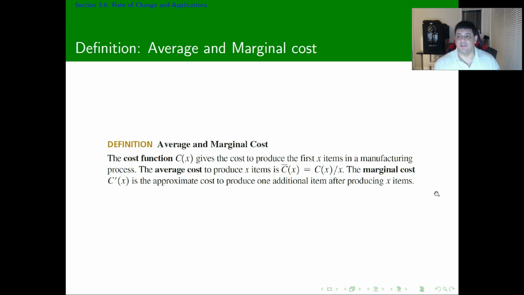Okay, so this is very similar to the notion of the average velocity, then instantaneous velocity. Then we can translate that to economics and say, okay, so we have the cost, average cost, and then we jump to marginal cost when we get to the limit.